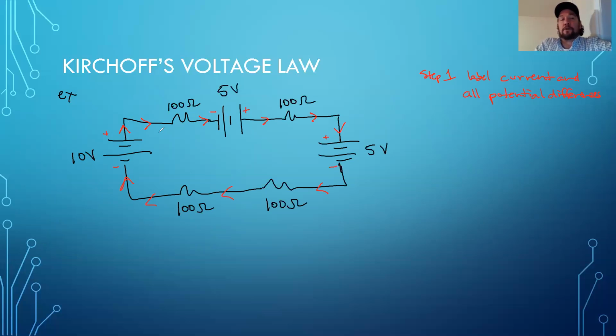Because of the current flow, I know the voltage drop across this resistor, which I'll call VR1. Actually, let me put it in red like I was in yellow before.